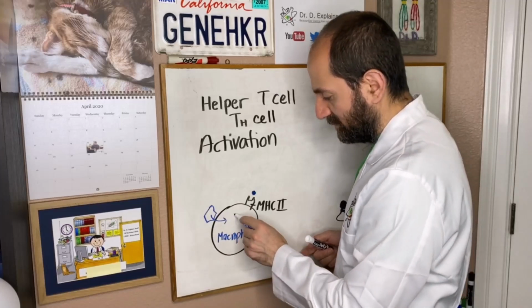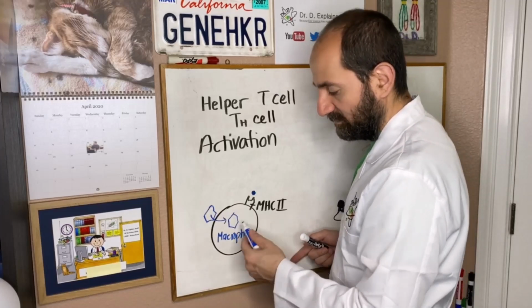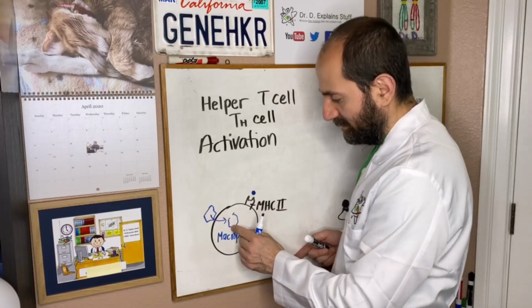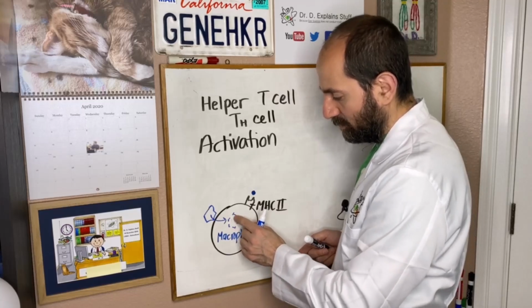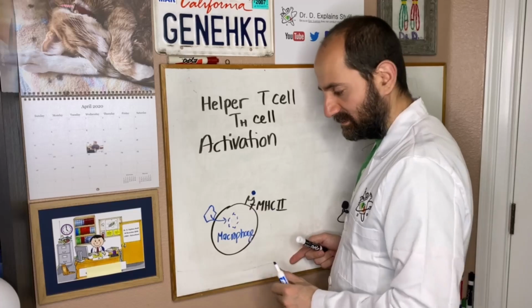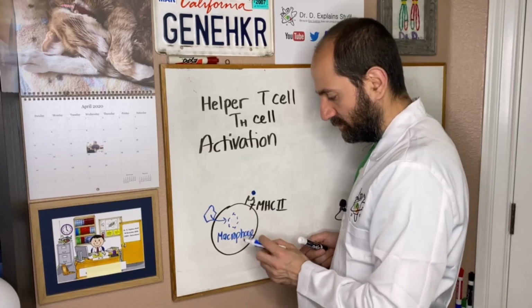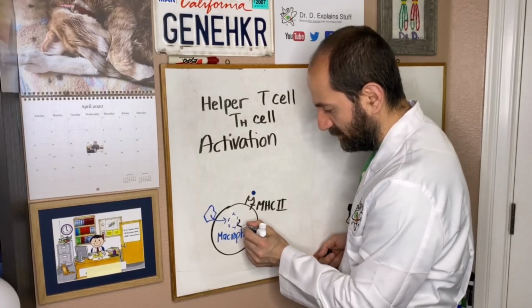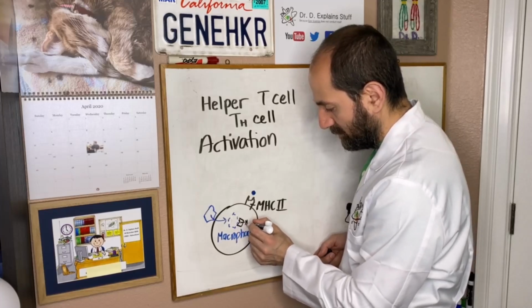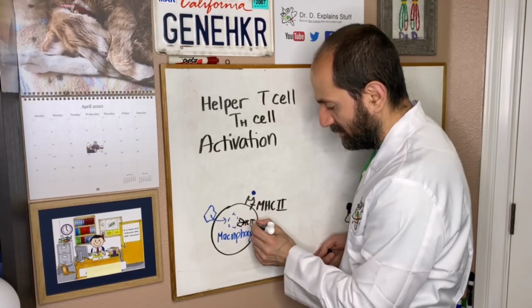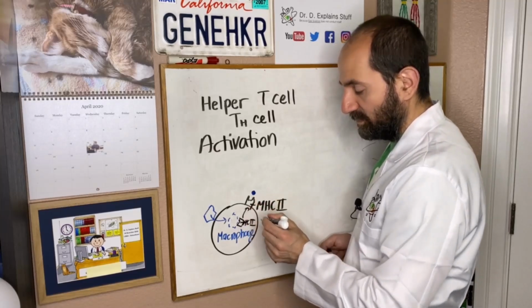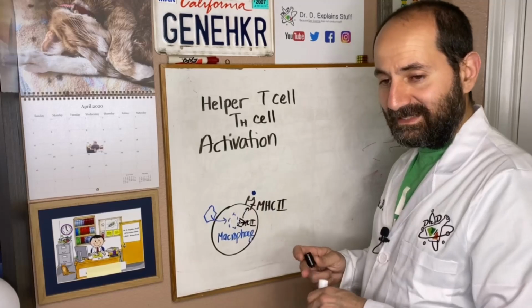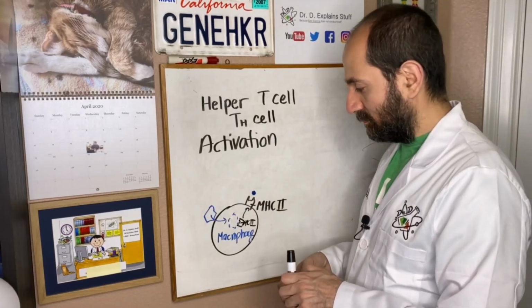Once it brings the virus inside, or the virus infects the cell, the virus will be broken down into antigen. Those antigen will be placed onto MHC2, and MHC2 will go to the surface of the cell, presenting that antigen to the world.